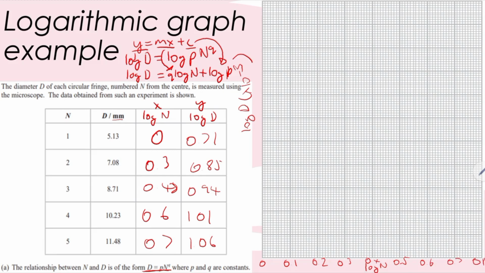And now we need to do the y-axis. So a misconception is that we need to start from 0 as well, but we can start from just below 0.71, which is our lowest value.